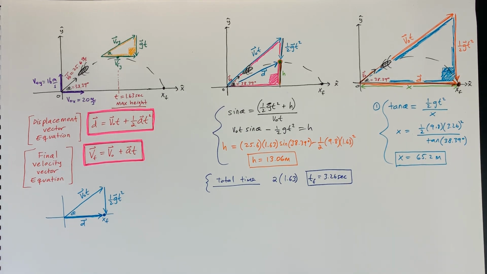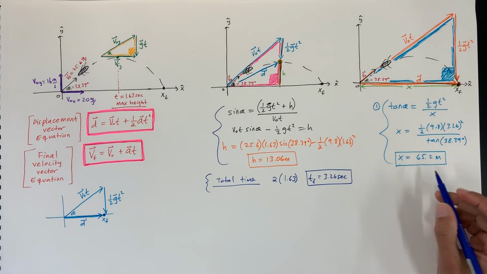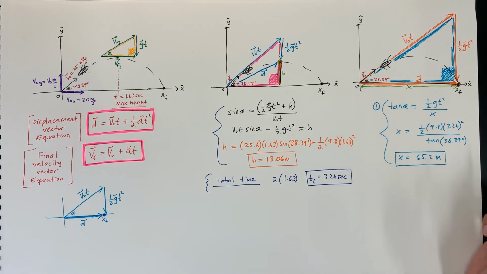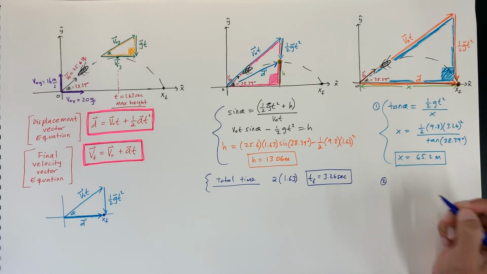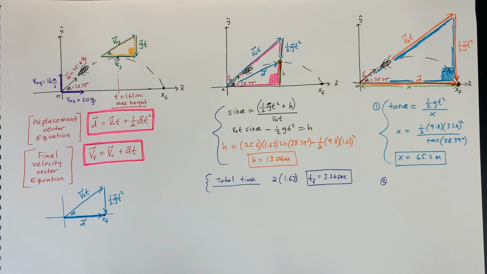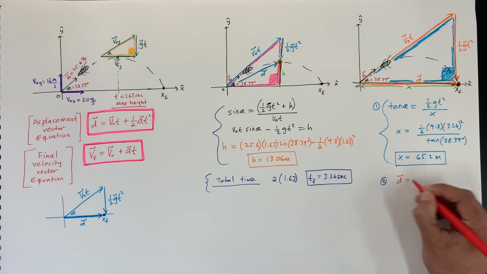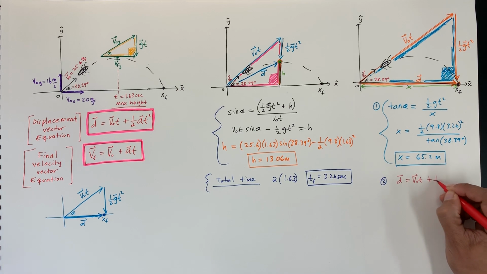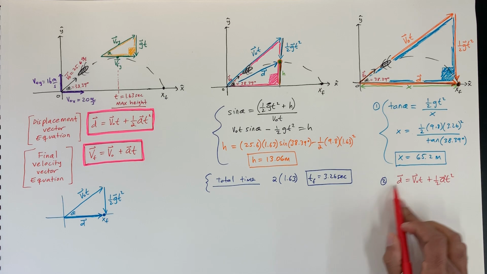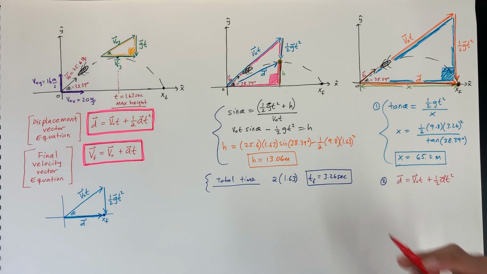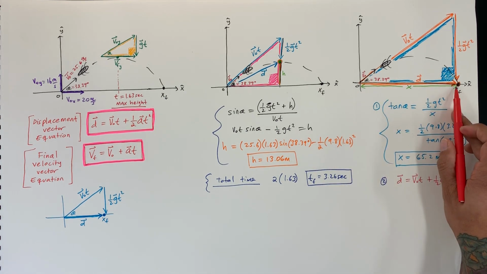Or alternatively, and again, it's just about preference. It doesn't really matter. Both ways are perfectly fine. It's just what you remember and what you feel comfortable with. So the second part, we can just do the displacement vector. Remember that this applies to x and it applies to y. In this situation, we want it to apply to x.